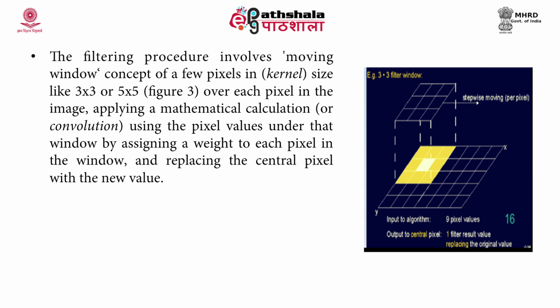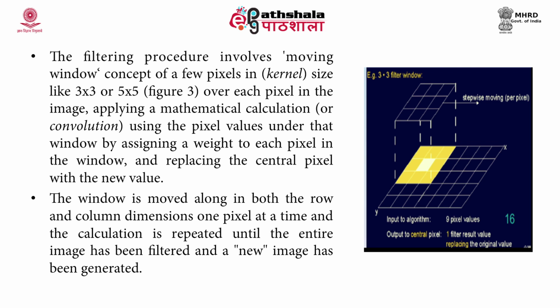The filtering procedure involves a moving window concept of a few pixels in size, like 3 by 3 or 5 by 5, over each pixel in the image, applying a mathematical calculation for convolution using the pixel values under that window by assigning a weight to each pixel in the window and replacing the central pixel value with the new value.